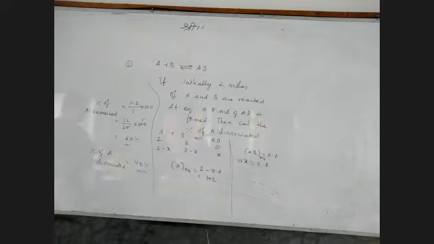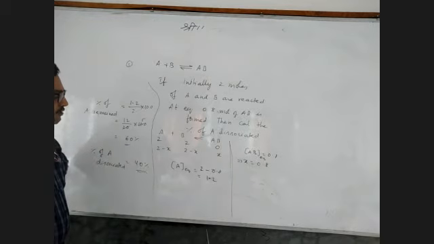So 0.8 by 2 means initially 2. So here x is dissociated. Yes, very good.